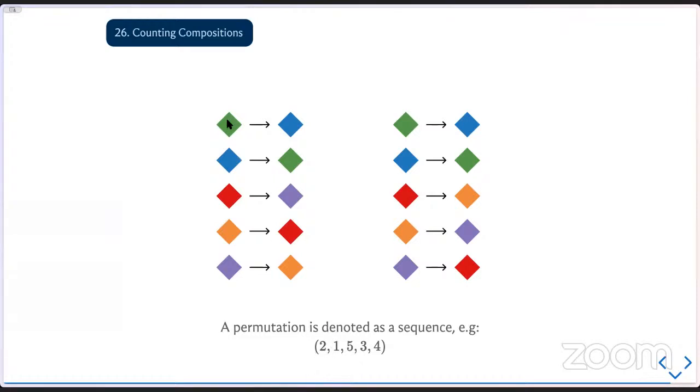So 1 goes to 2, 2 goes to 1, 3 goes to 5, 4 goes to 3, and 5 goes to 4. That is, of course, reading these as 1 to 5. Maybe I should have written this out explicitly. I always realize these things when I've started talking. And then hopefully it's all consistent with what's below.